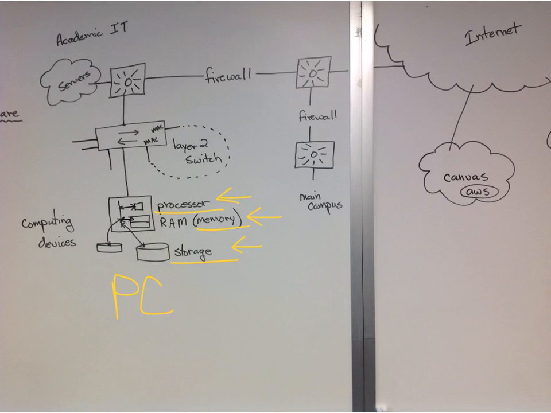The next thing, the computer is connected to a switch. That switch remembers the MAC address, so it knows this information goes to this computer based on the MAC address. A different MAC here, a different one here, a different one here.